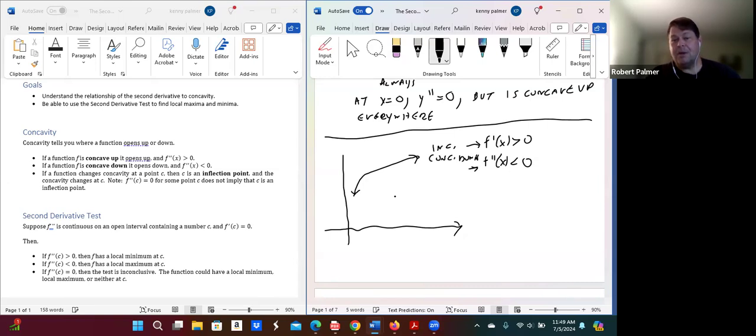But you can also have a function that's increasing like this. Both these functions are increasing, but this one is obviously concave up.